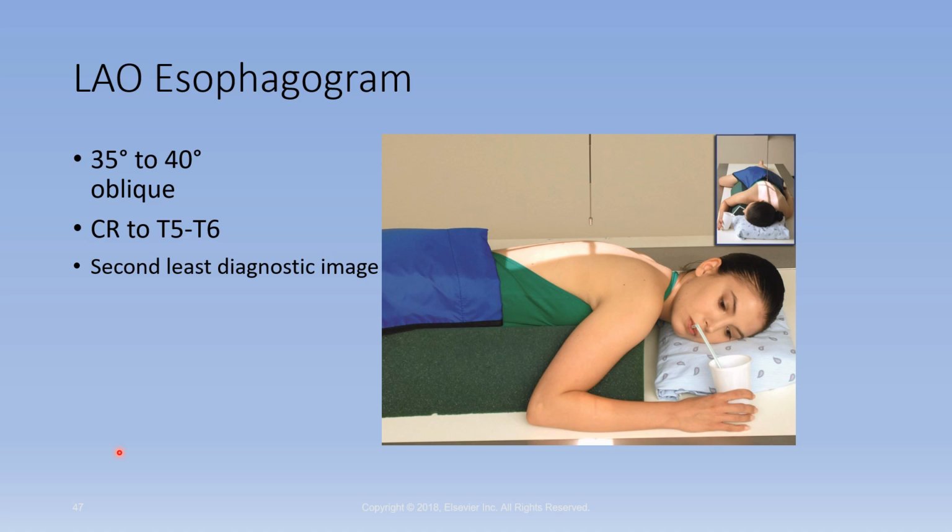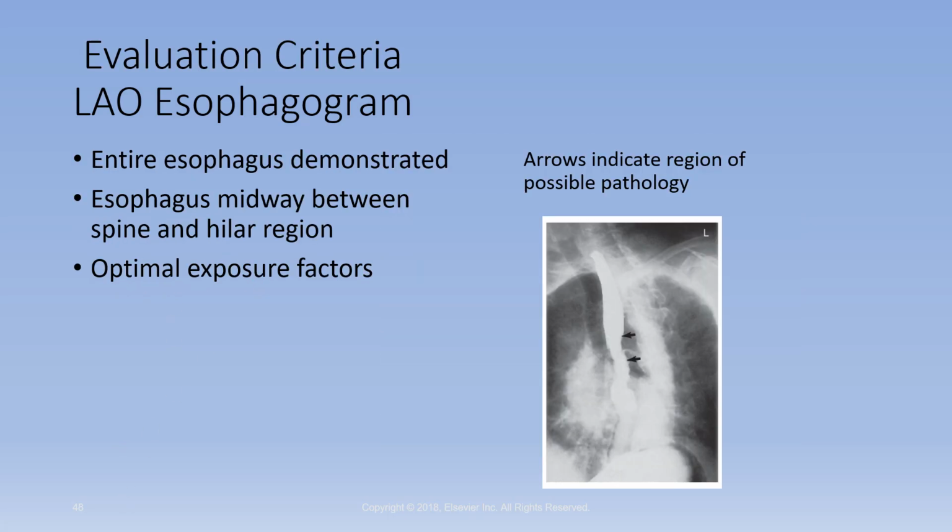The patient's going to drink, swallow, drink, swallow, drink, swallow. The reason it's the second least diagnostic image is because this ends up placing the entire esophagus between the spine and the hilar region. The entire esophagus should be full of contrast media, but it is not a very diagnostic image.